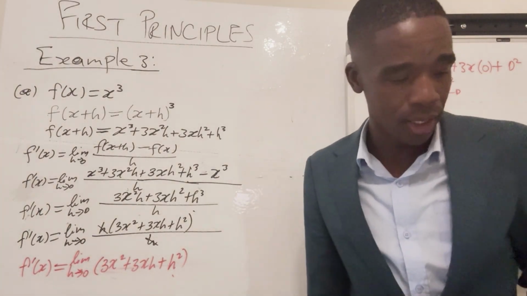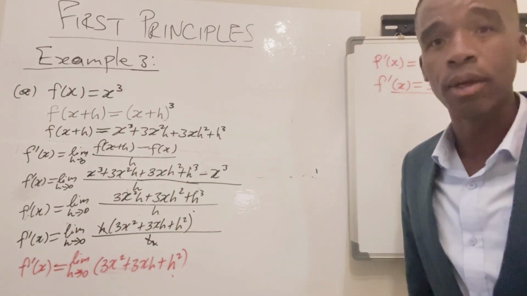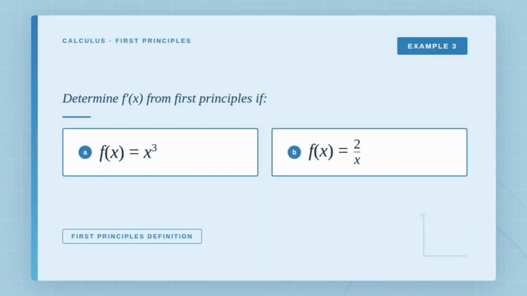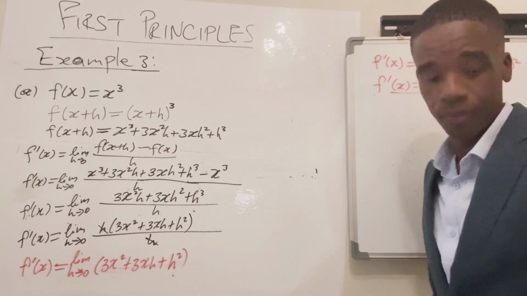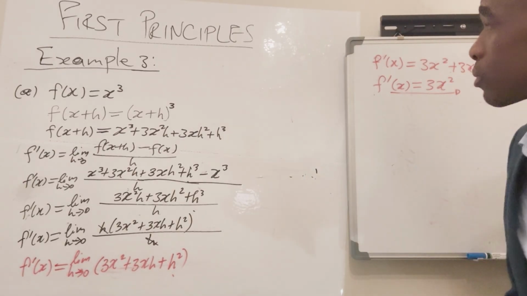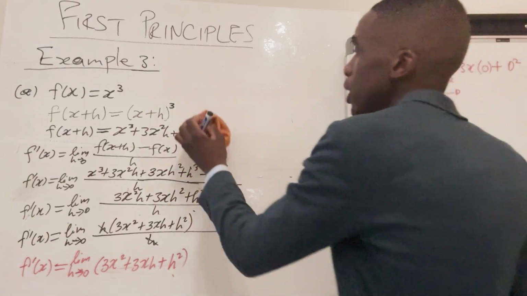But that's the A part of the question. Let us look at the final part, the B part of this question, differentiating from first principles. Let us look at the last example of differentiating from first principles. That is example 3B.